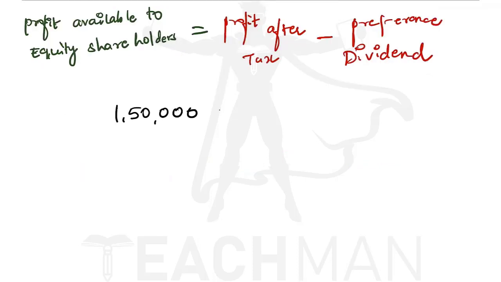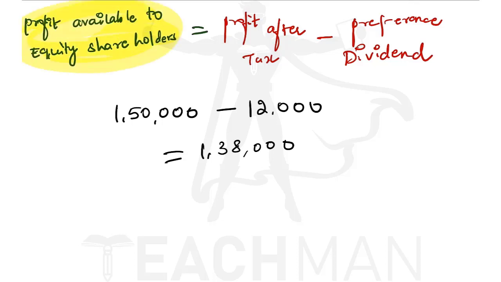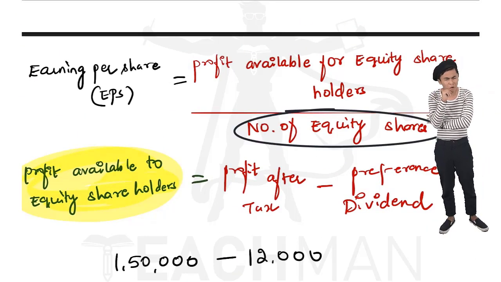So write it minus 12,000. So 1,50,000 minus 12,000 will give you 1,38,000. So we got profit available to equity shareholders, that is 1,38,000.